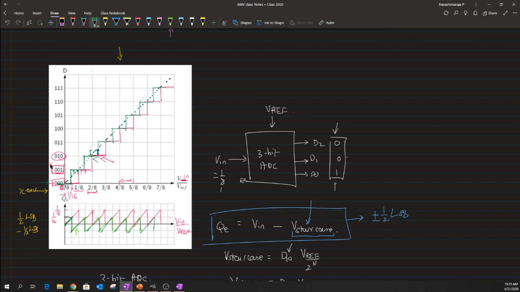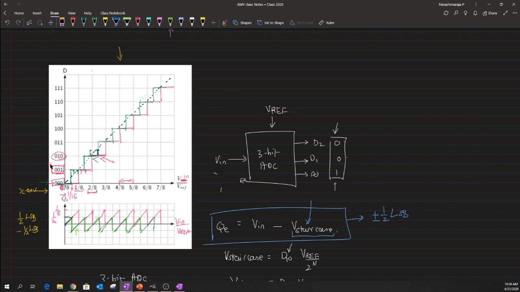But the moment I move to 1 by 16, which is the half LSB term, I am directly switching the data of the ADC to move from a value of 000 to a value of 001.